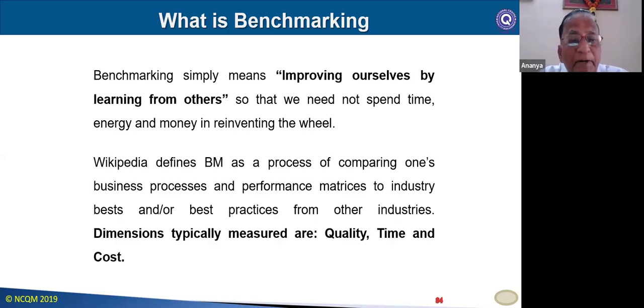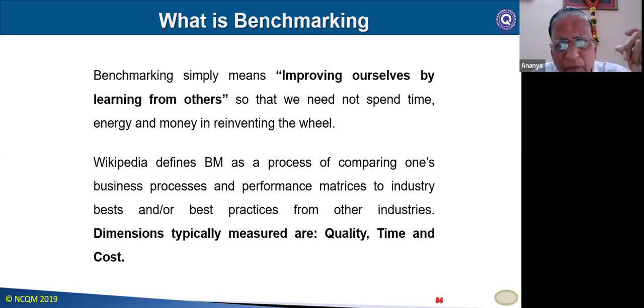Wikipedia defines benchmarking as a process of comparing one business process and performance metrics to industry best practices from other industries. Dimensions typically are quality, delivery time, and cost control.